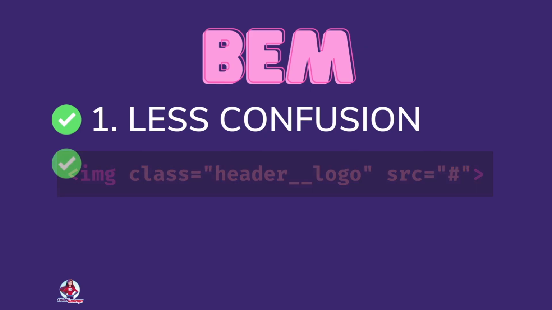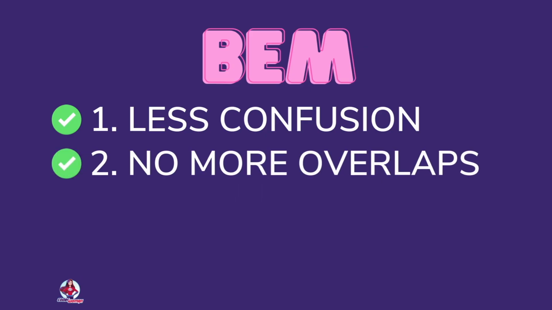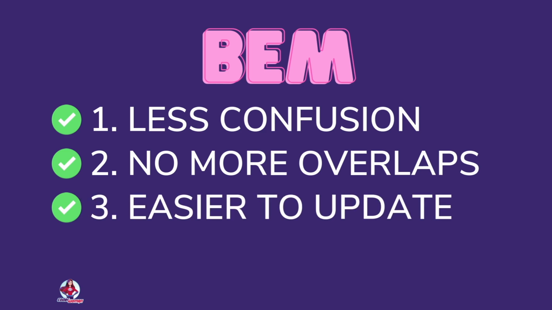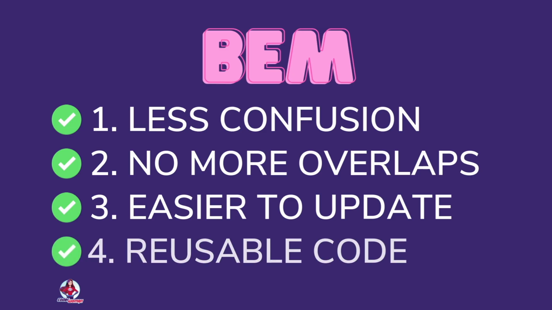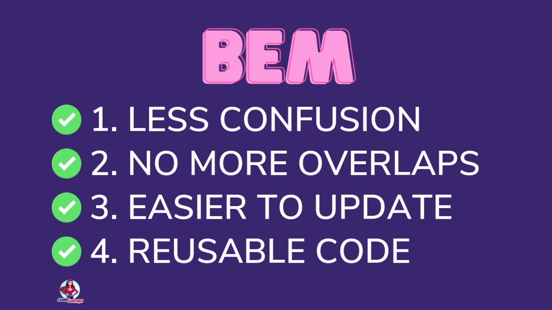BEM helps us avoid messing up other things accidentally because every styling piece is linked to a specific block or element. Need to make changes? BEM makes it clear where to add your styles, just like your own coding GPS. With BEM, your blocks are like Lego pieces. You can use them over and over in different parts of your site.